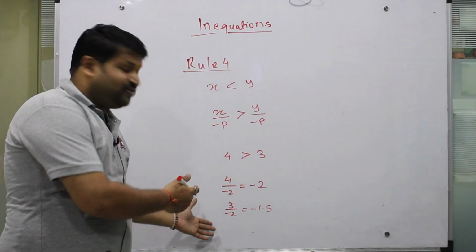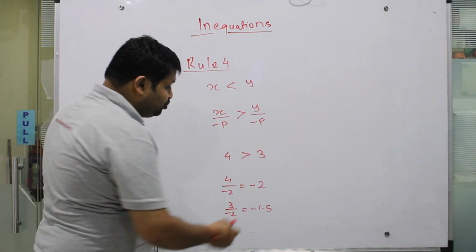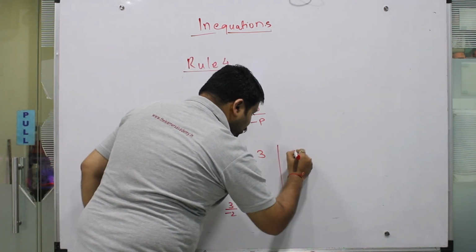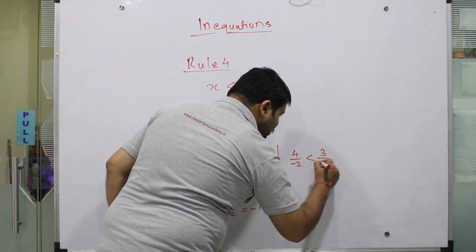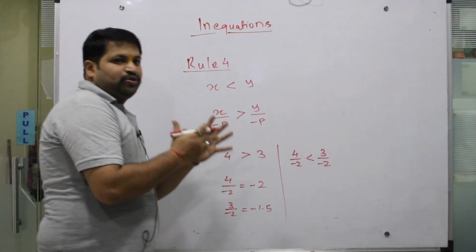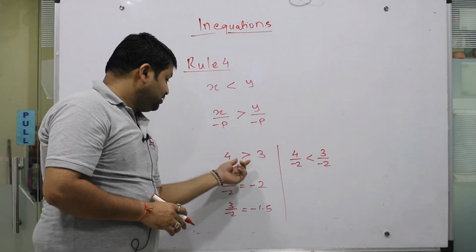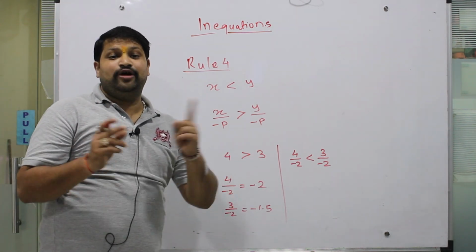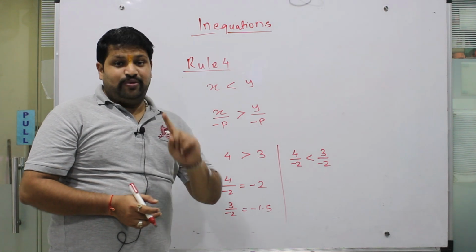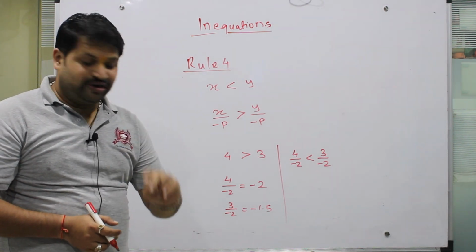So just by looking at it, we can say that minus 1.5 is greater, which would mean that 4 by minus 2 is smaller than 3 by minus 2. So proving my point that the sign in the inequation would become exactly opposite if divided or multiplied by a negative integer.